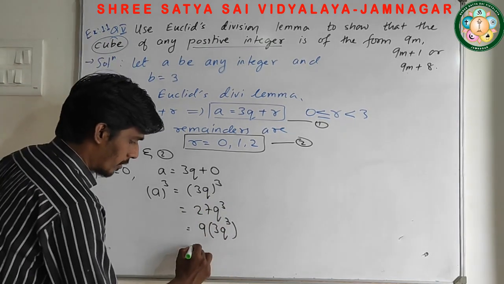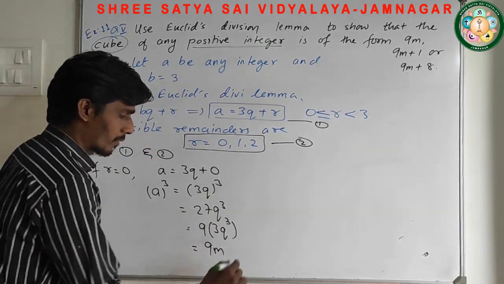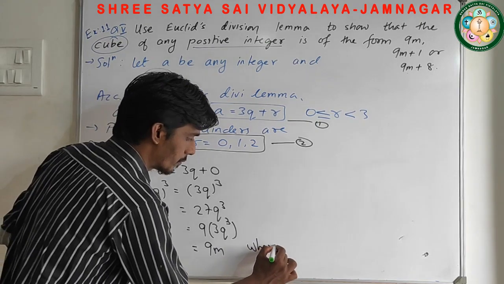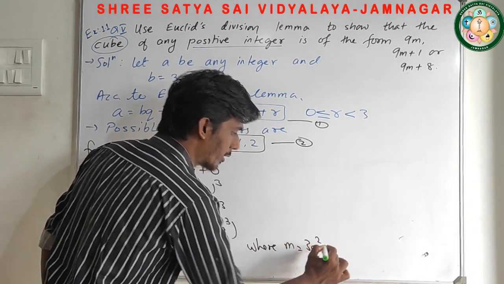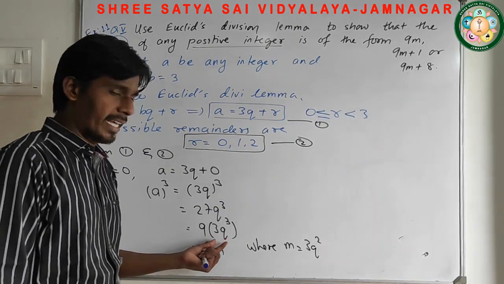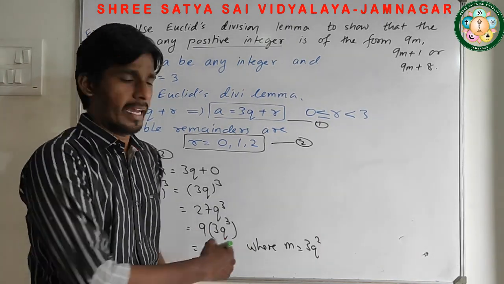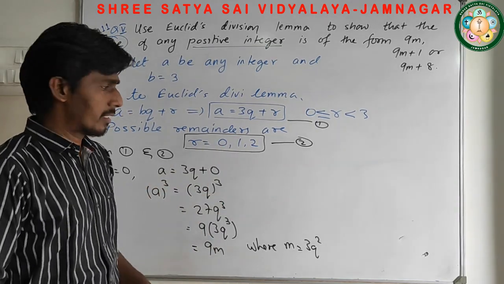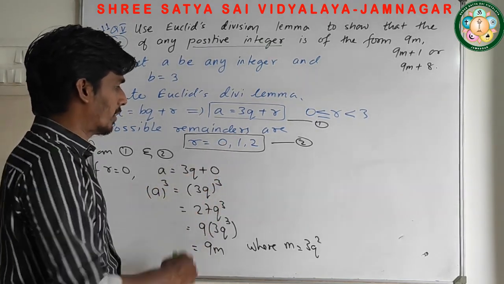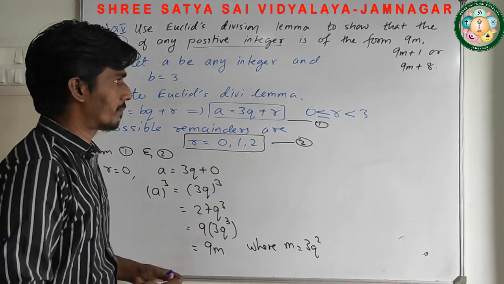So it's 9 into m, where m equals what? 3Q cube. M की जगह क्या आ जाएगा? And m is an integer. So this is the way we can prove it with remainder 0. Now similarly I have to prove with remainder 1.